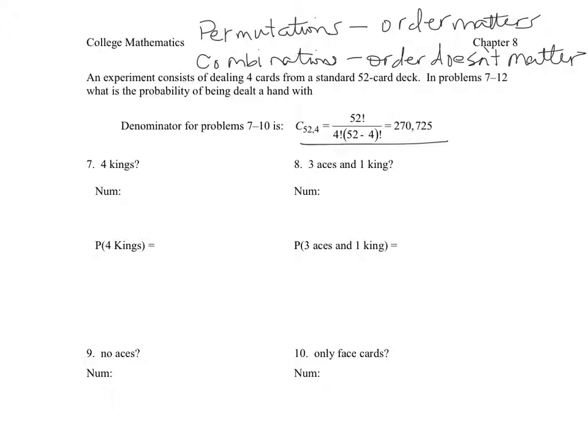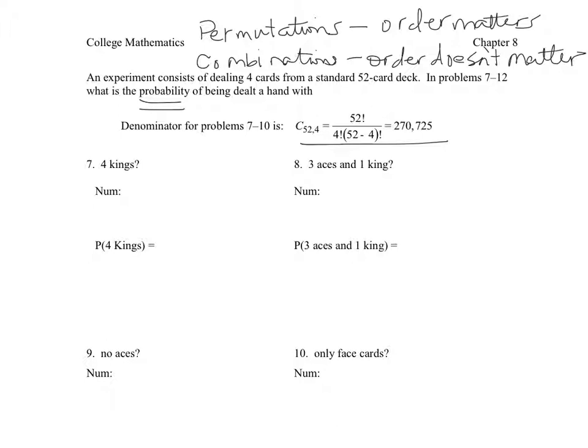So in order to find the probability of getting a hand that has 4 kings, this is what you will have to stop and ask yourself: out of those cards, would order matter on getting kings? Absolutely not.